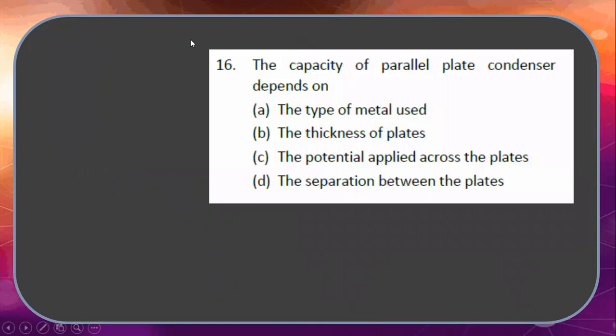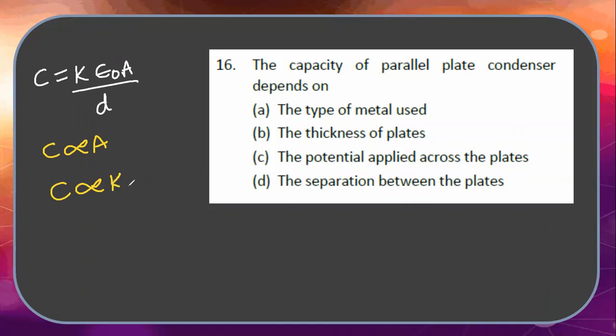Next problem. The capacity of a parallel plate capacitor depends upon... C is equal to epsilon naught A divided by D, so C is proportional to A. Or we'll write that C is equal to K epsilon naught A divided by D, K for the dielectric medium. So the capacitance depends upon the area, depends upon the dielectric constant, and is inversely proportional to the distance between the plates.